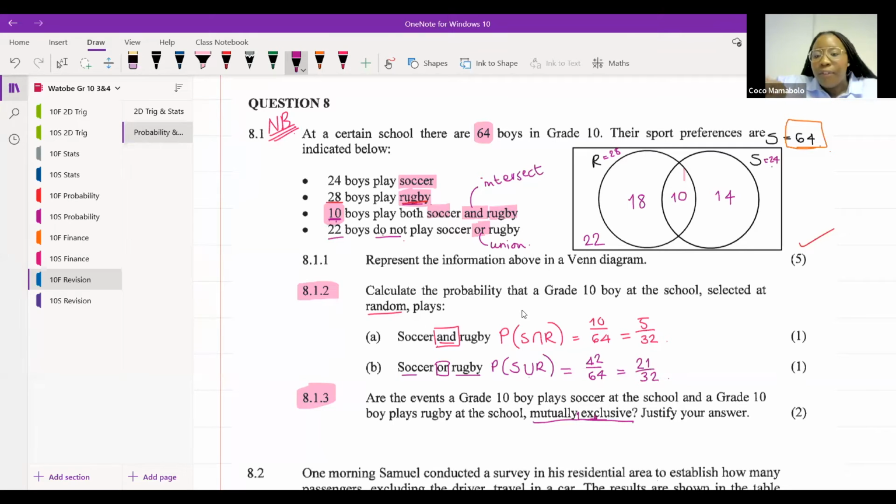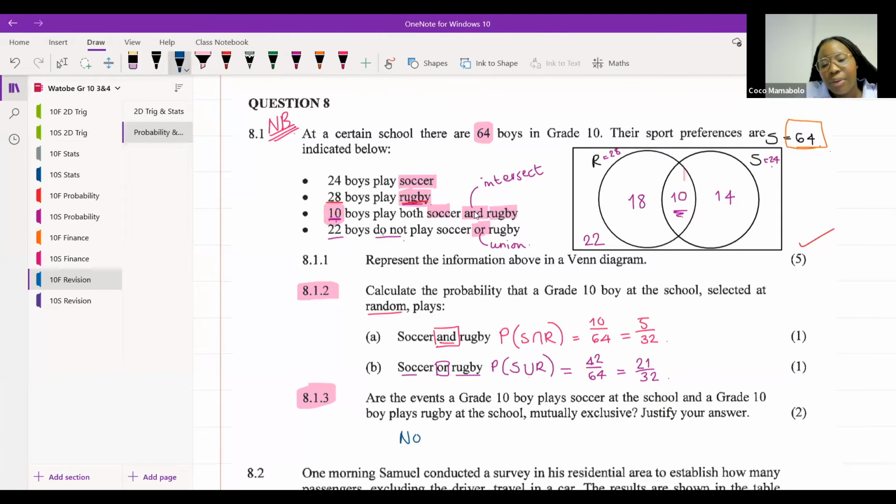We're excluding them from each other. If we look at our Venn diagram, does soccer and rugby have something in common? Yes, they do, ma'am. They have 10 players in common. So are they mutually exclusive? No.